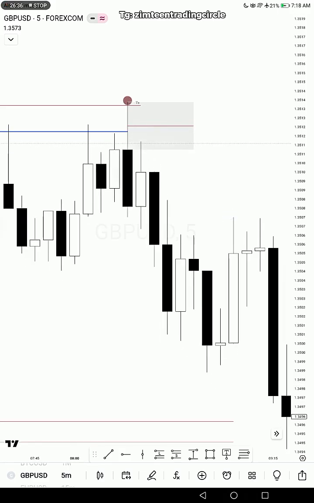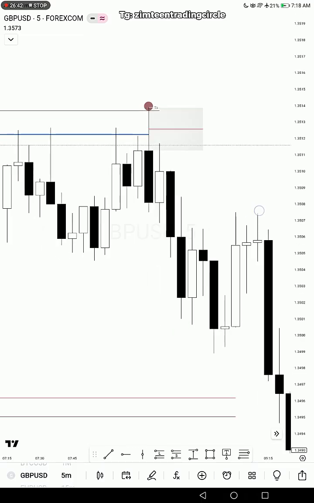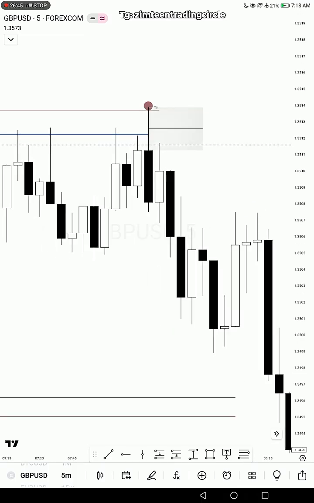Don't be too precise on your entry. Don't try to prove anything on your entry. Don't try to prove to the world that yes, I can use a 0.8 stop loss and win a 50 RR trade. Majority of the time, that 0.8 stop loss will hit you hard on your margin.